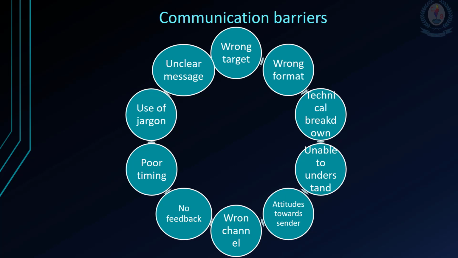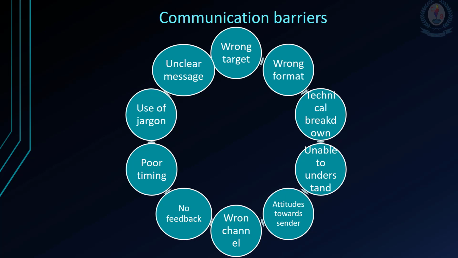Wrong target means the sender is giving the information not to the relevant person. Wrong format means the format or the message we are sending is not clearly mentioned. Technical breakdown can happen because of technical errors. Unable to understand means the content is not clearly mentioned.